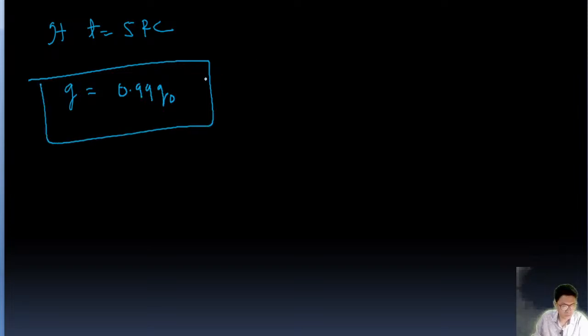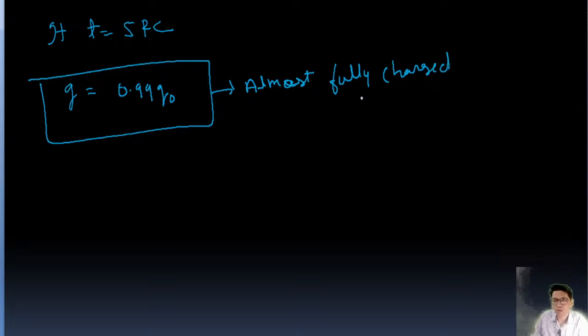So this is going to be 0.99 q0, or almost equal to q0. This means the capacitor is almost fully charged, because t equal to 5 RC.